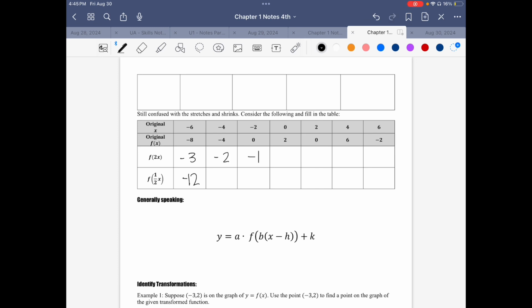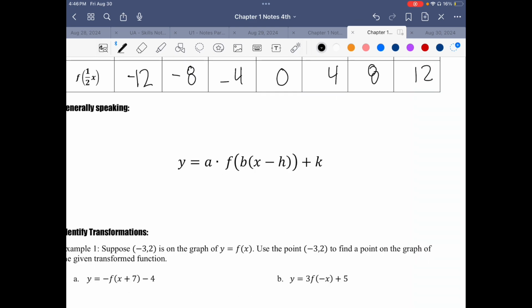That'll be -2, -1, 0, 1, 2, and 3. Whereas if it's the 1/2 on the inside here, this one is getting twice as far away. So this will be -8, -4, that one stays at 0, that's 4, that's 8, and that is 12.